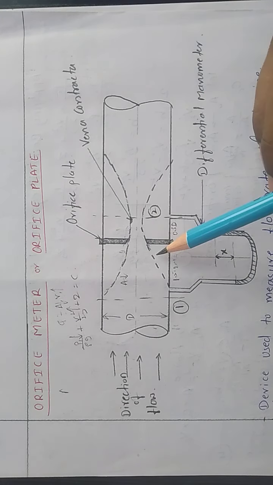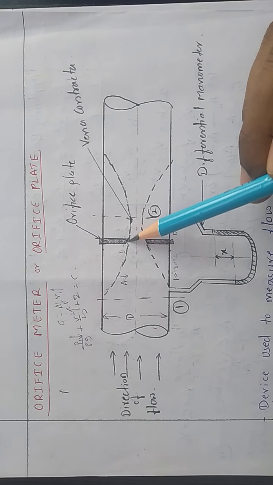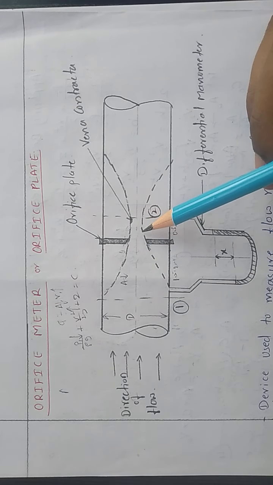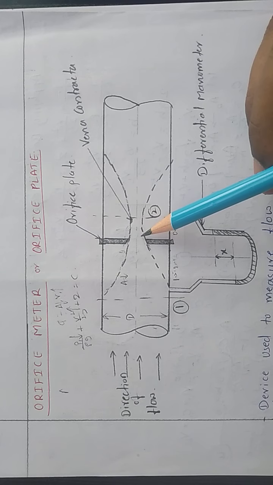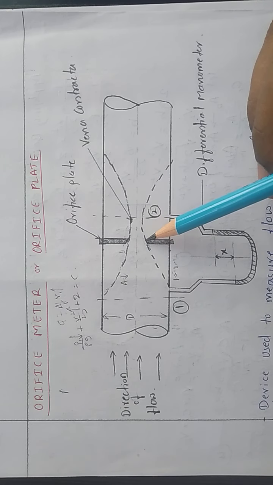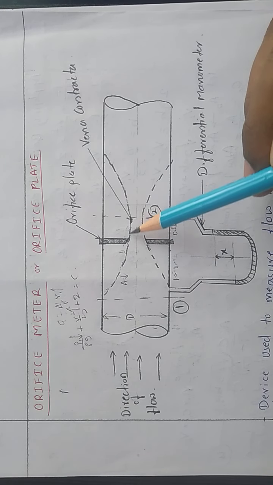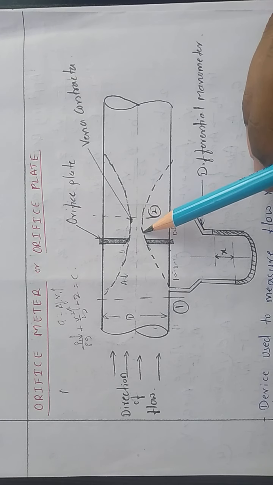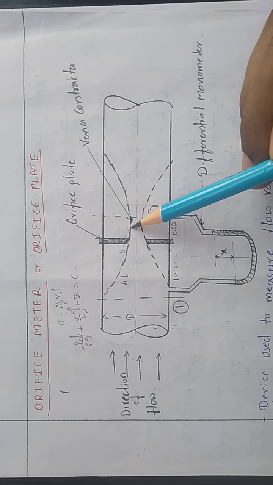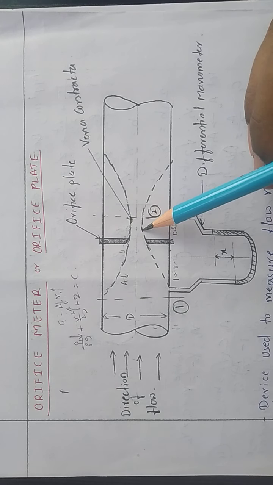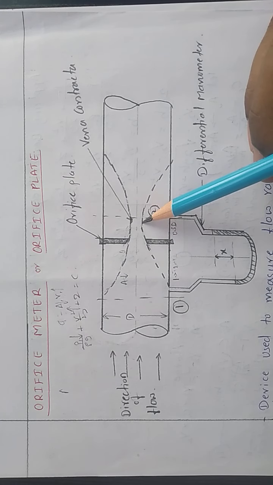As soon as the fluid passes over this orifice plate, the area does not suddenly increase. So the velocity increases further and reaches a maximum, meaning further pressure drop takes place.